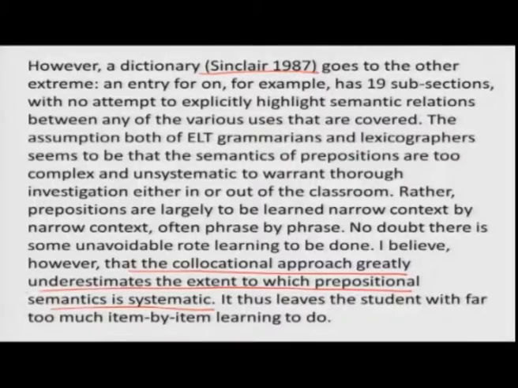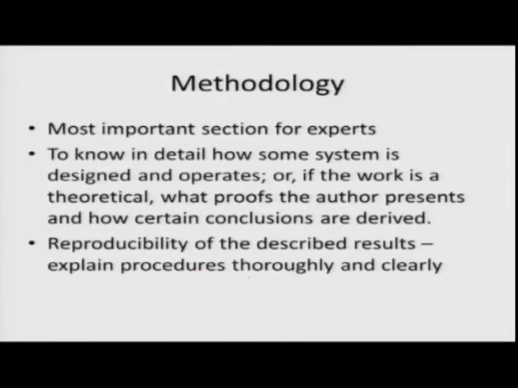So, the author's point is the previous approaches encourage a lot of rote learning, and they do not seem to recognize that prepositional meaning is to some extent systematic. So, only what is needed to make this point, only those things are mentioned in this review of research.